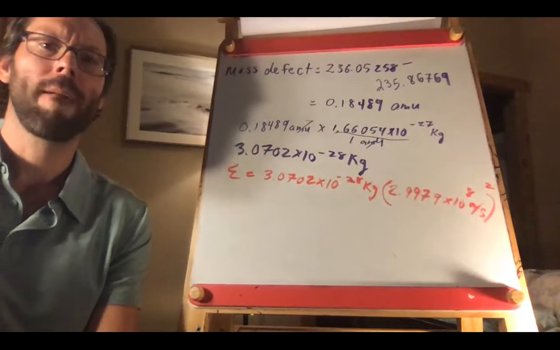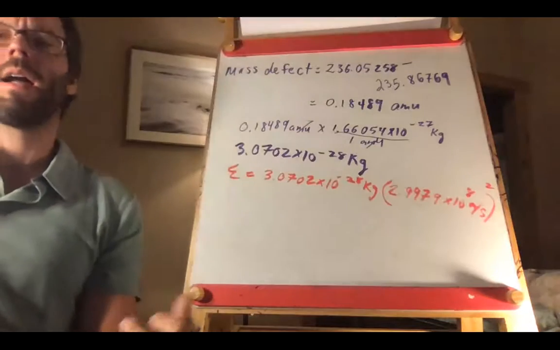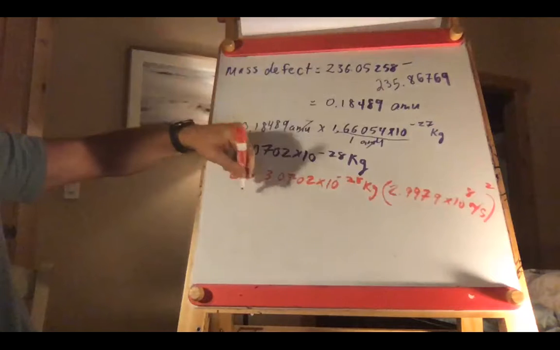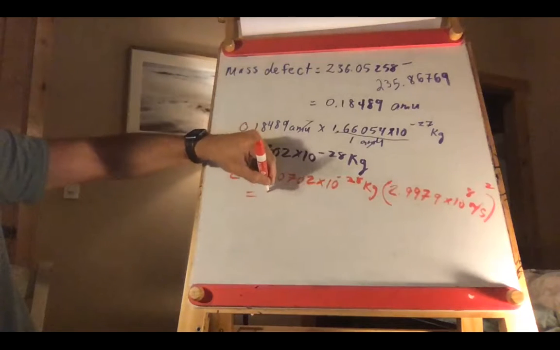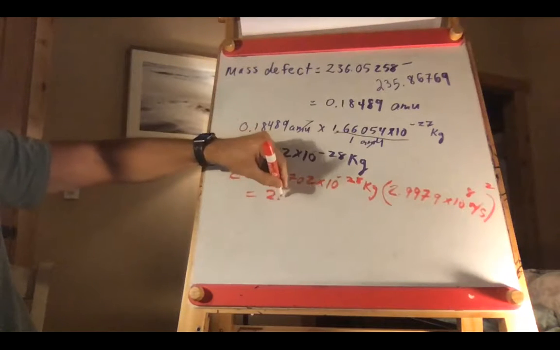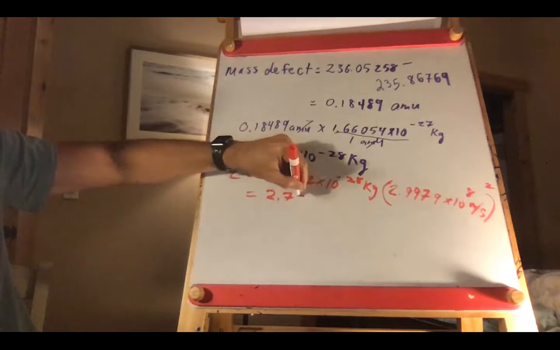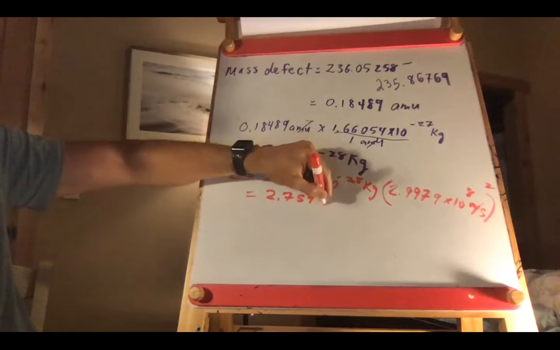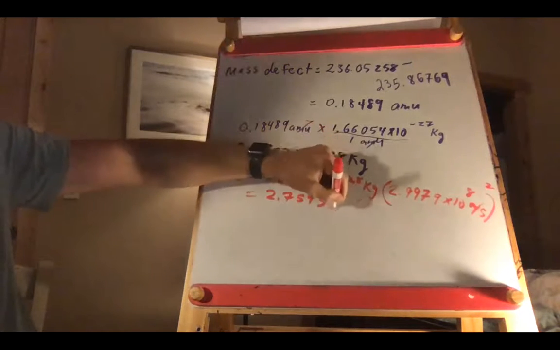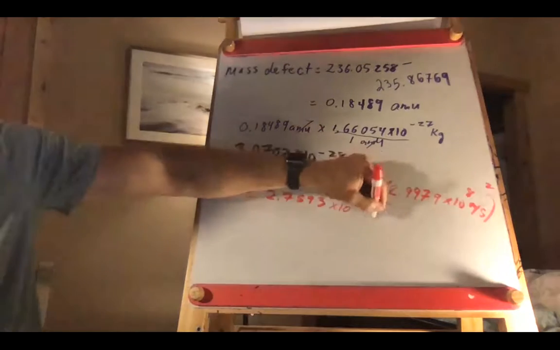Okay. And that should give us 2.7593 times 10 to the negative 11 joules.